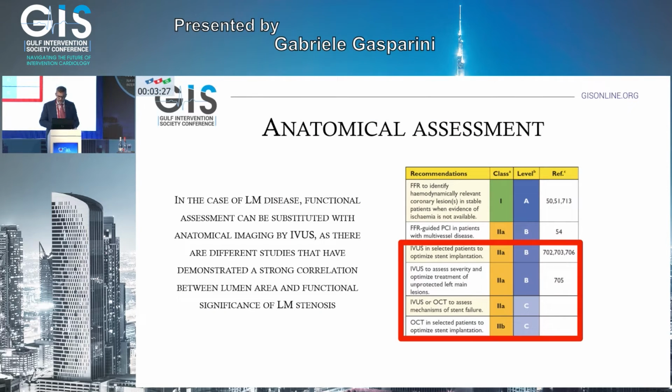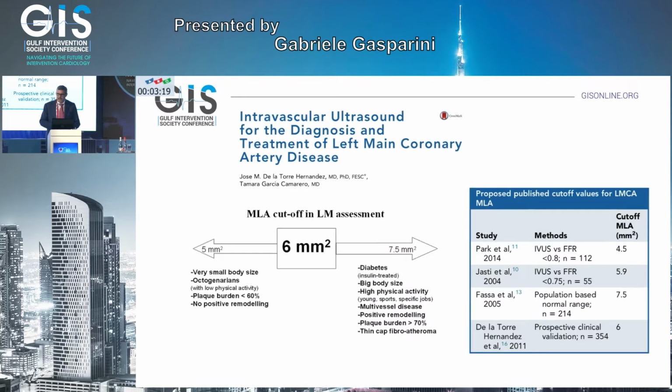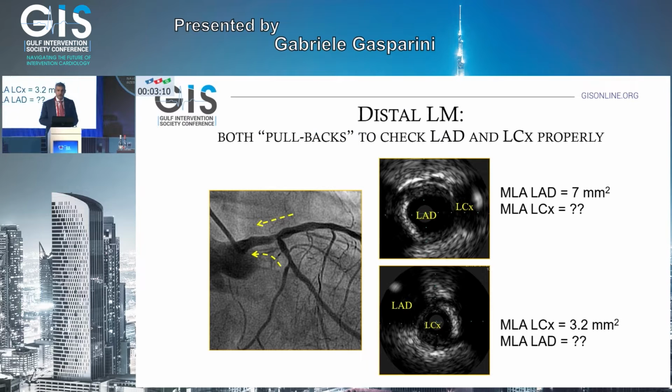But in the left main, we have some added information that can arise from imaging evaluation. So in left main, we should use imaging and IVUS to evaluate not only severity of the lesion, but also distribution of the plaque that can guide us in terms of the right strategy to use.